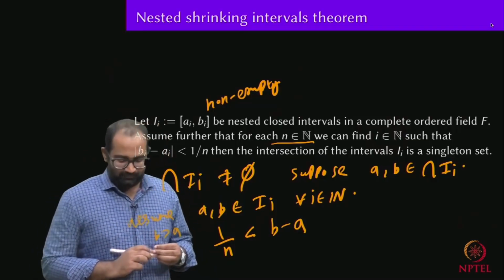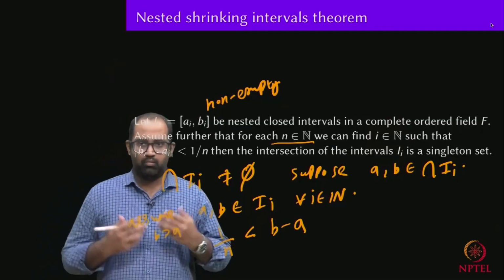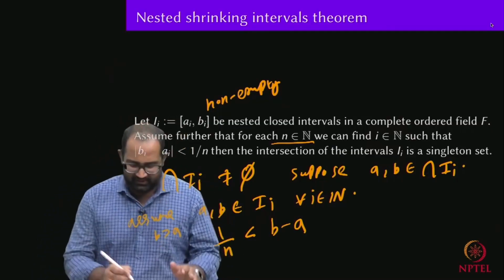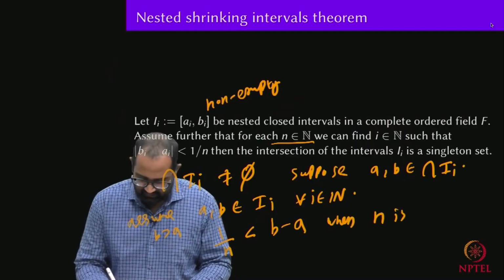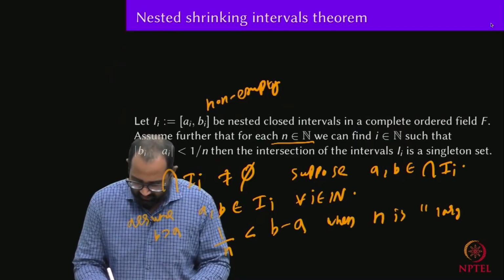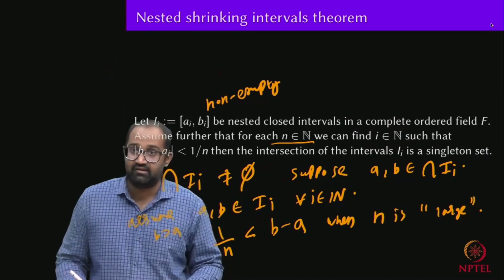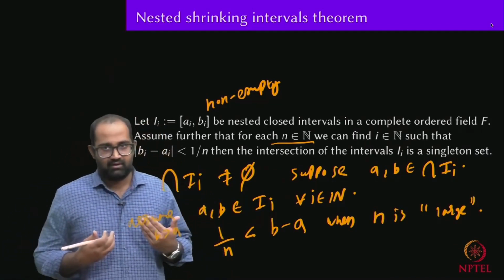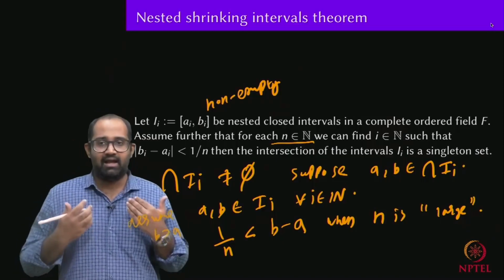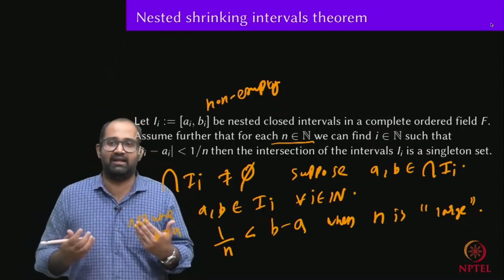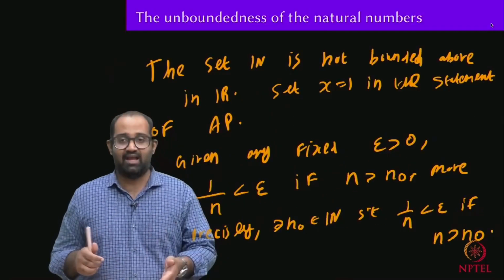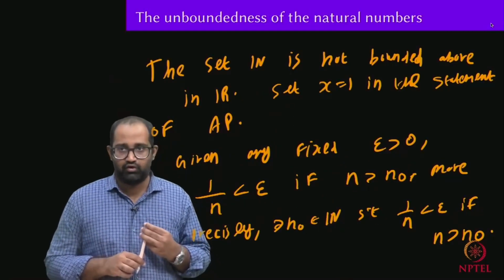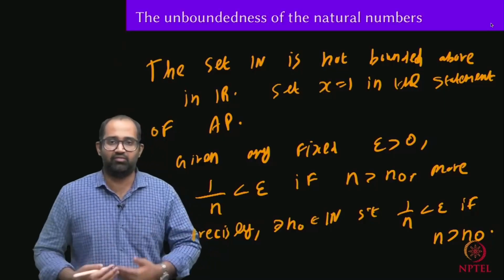Okay. So in view of what I said, 1 by n is less than b minus a when n is large. What I mean by n is large is there is an n naught such that 1 by n is less than b minus a whenever n is greater than n naught. This follows from the second part that I left as an exercise for you. These 1 by n's become smaller and smaller.